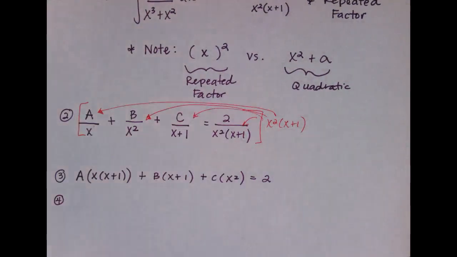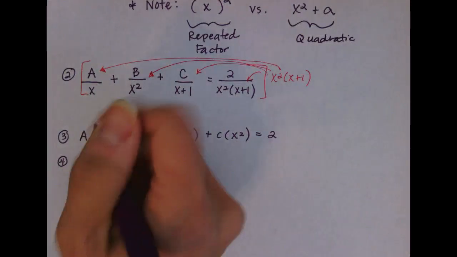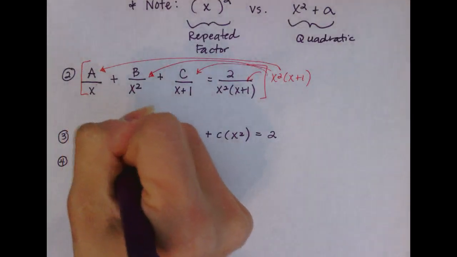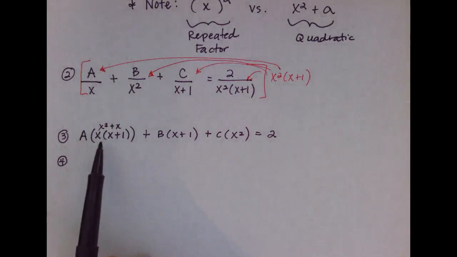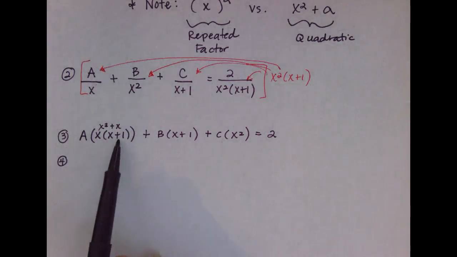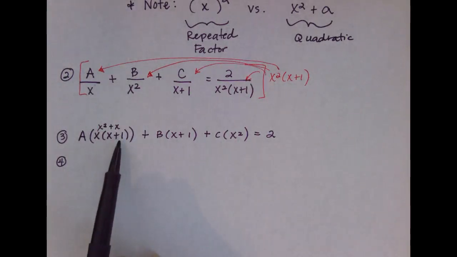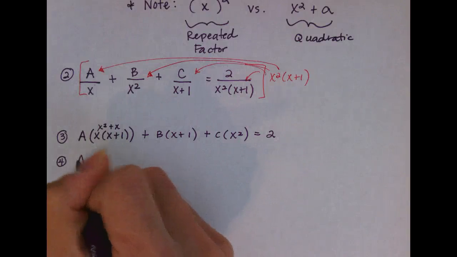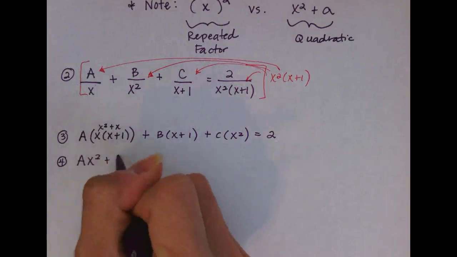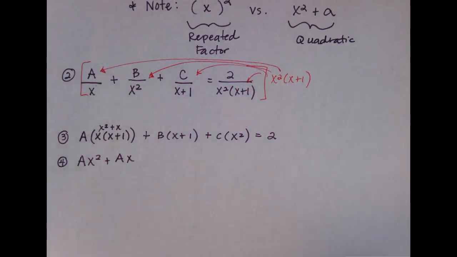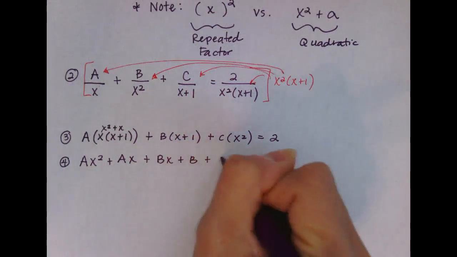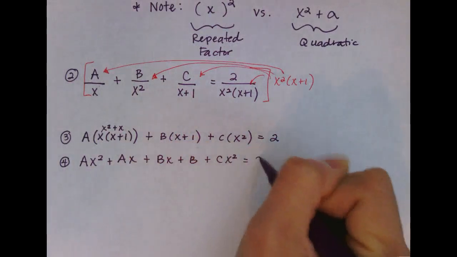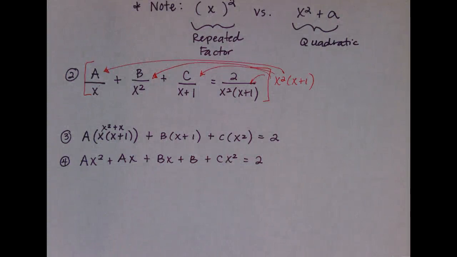Let's distribute. Here I have a couple of different things to distribute, but on the inside, x times x plus 1 is x squared plus x. So let's distribute a through that expression, distribute b, and distribute c. Okay.